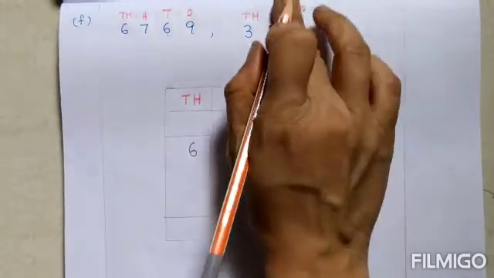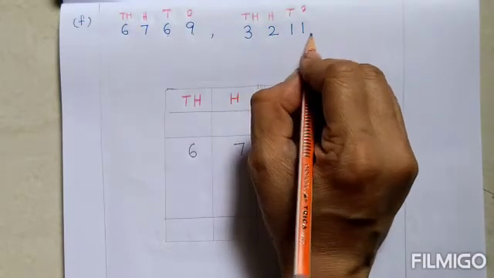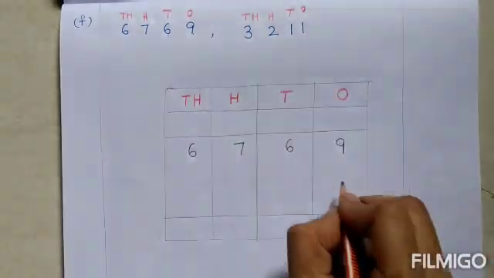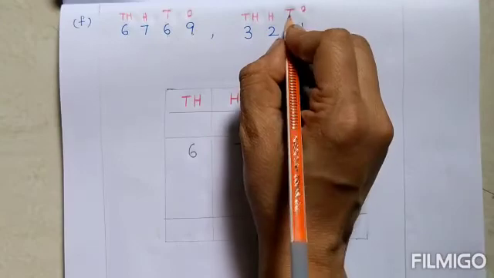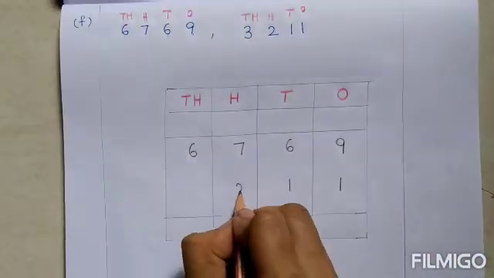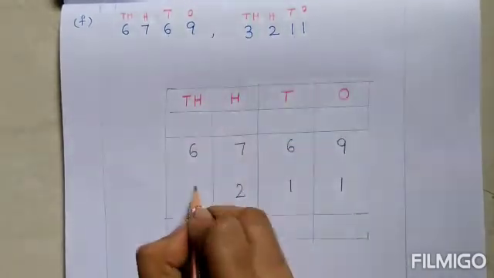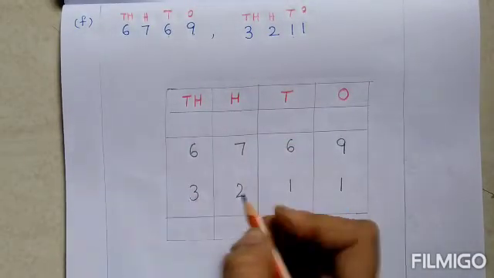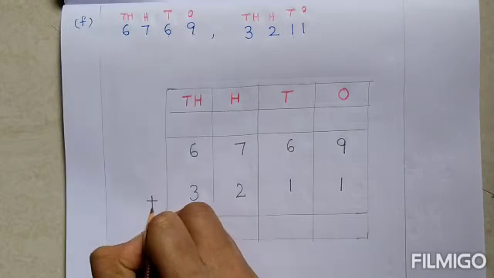From this number 3211, 1 is in ones place, again 1 is in tens place, 2 is in hundreds place, and 3 is in thousands place. Now plus sign.